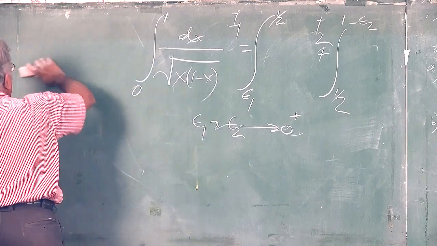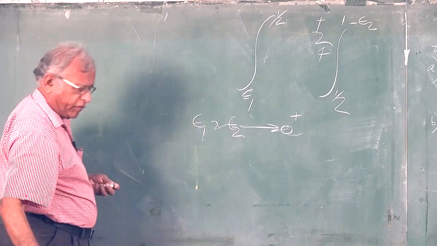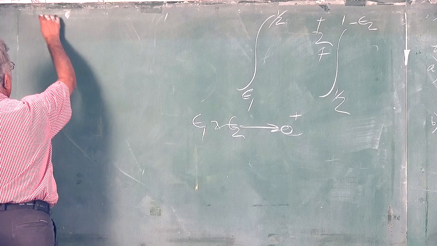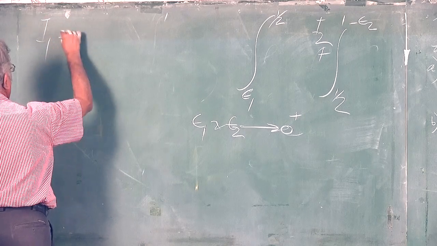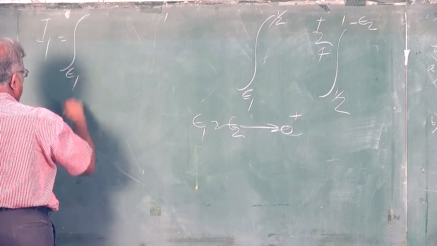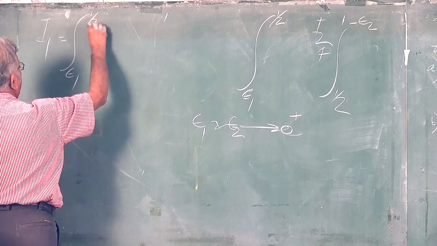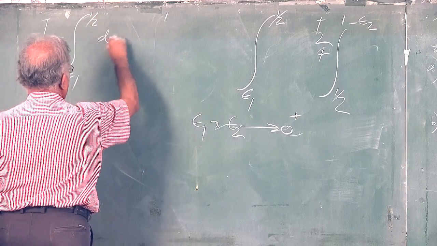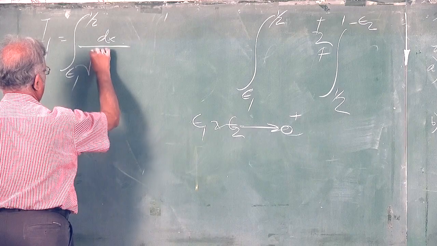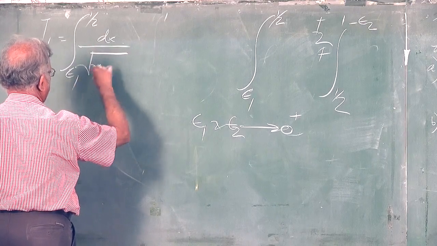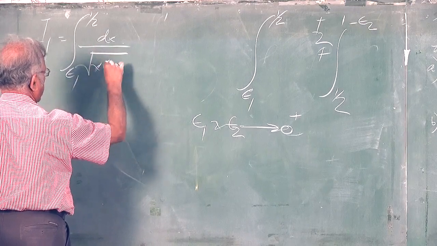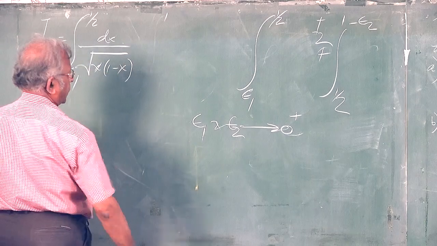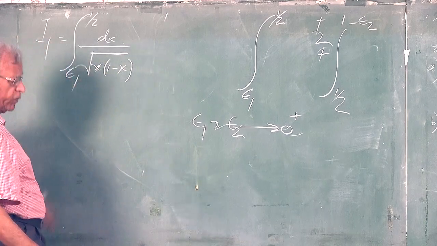So let's start with I1. I1 is the name given to the integral from epsilon 1 up to half of dx under root x into 1 minus x. Now we need to carry out a bit of indefinite integration.